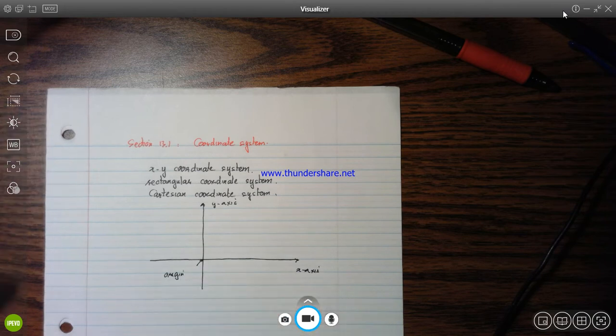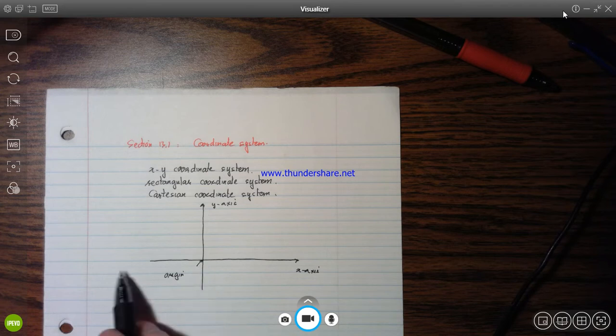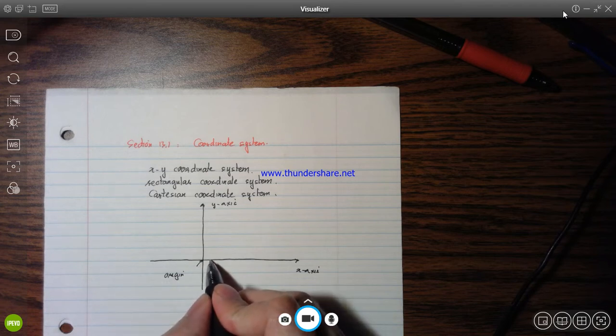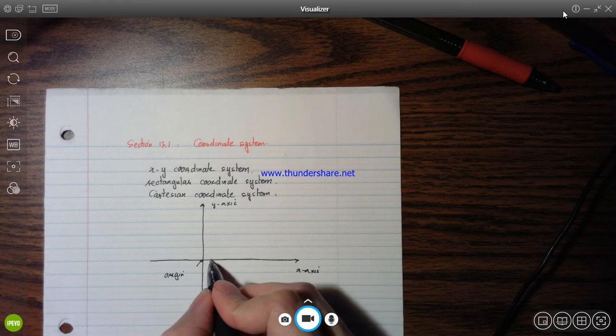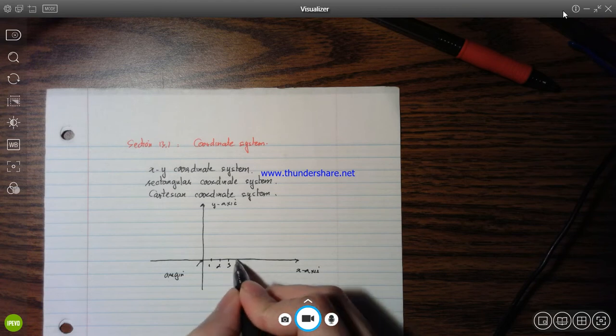Okay, and on the x and y coordinate system, it's divided into small equal increments. From the origin to the right-hand side is positive, and from the origin to the left-hand side is negative. They all have equal increments. So this is 1, 2, 3, 4, and so on.